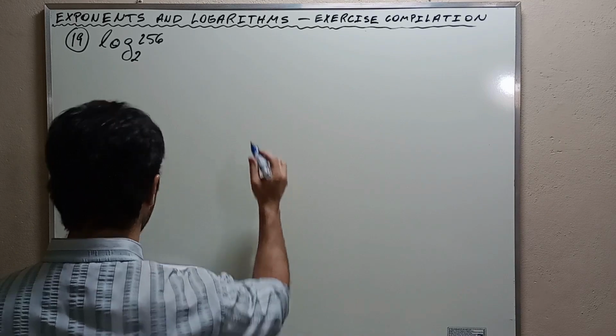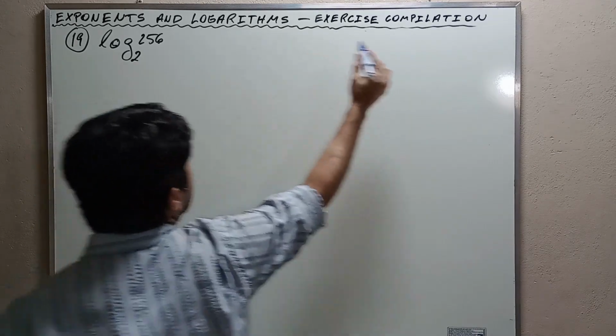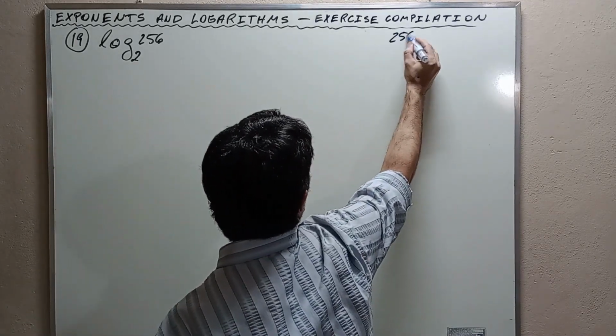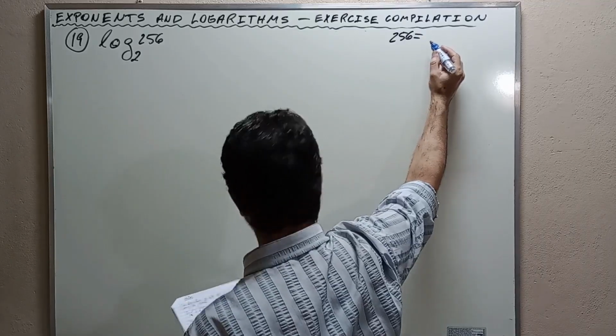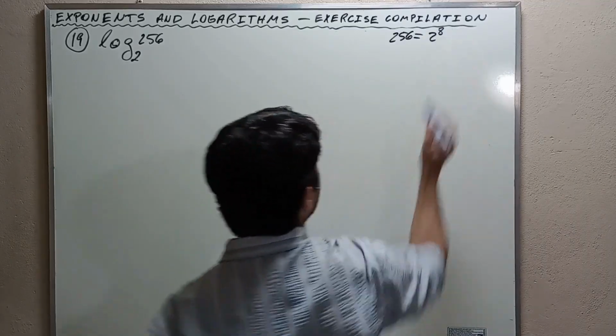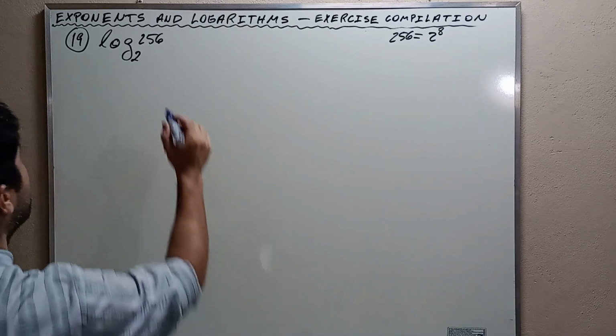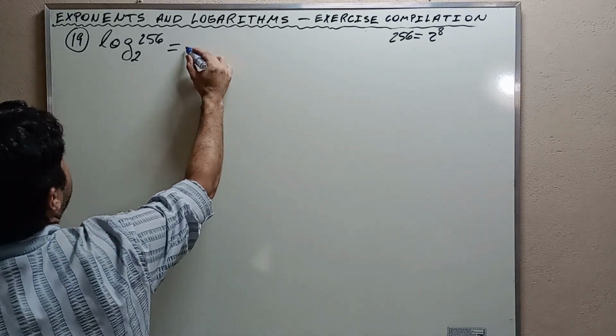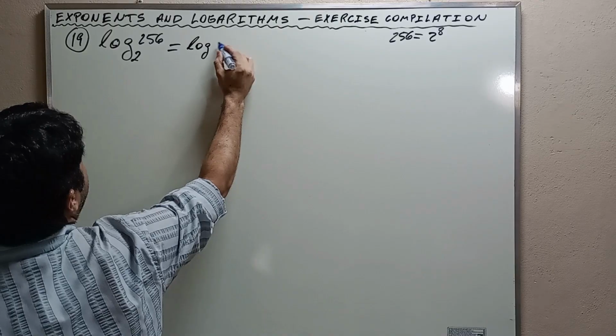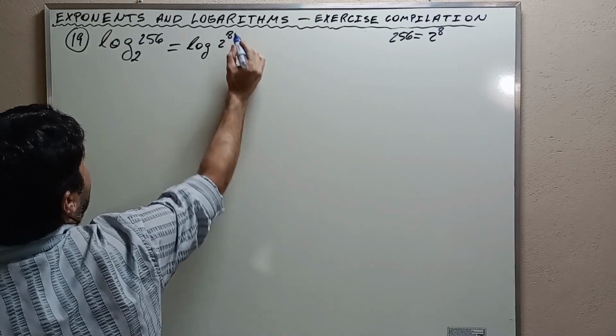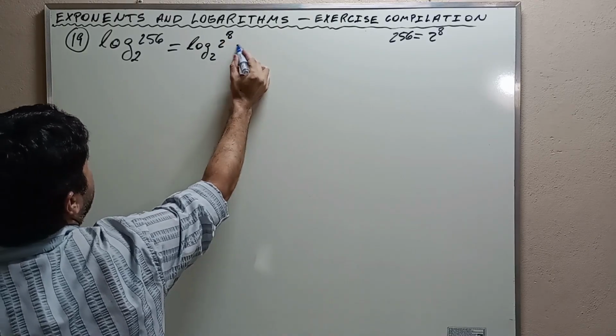Okay? 256 is equal to 2 to the 8th. Okay? This is what we are going to do. And converting, it becomes the logarithm of 2 to the 8th power base 2.